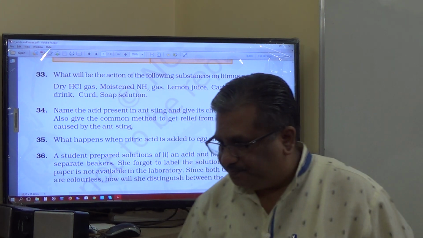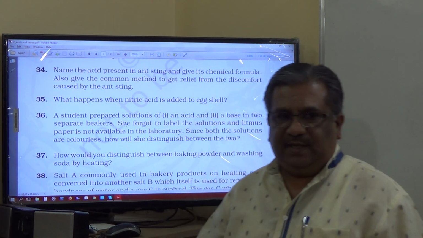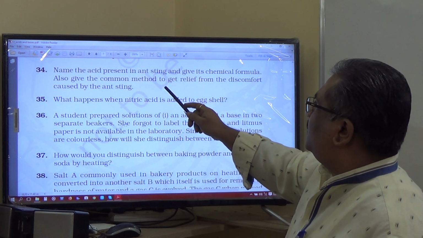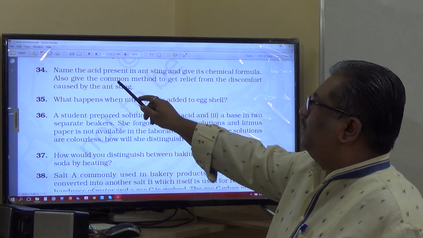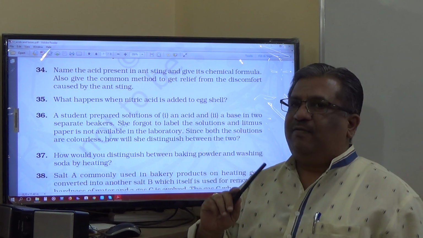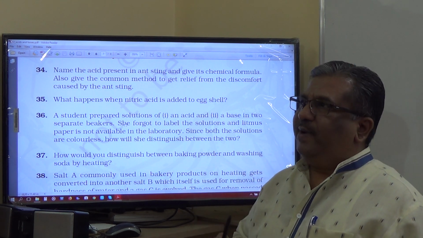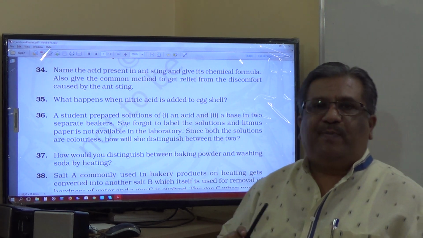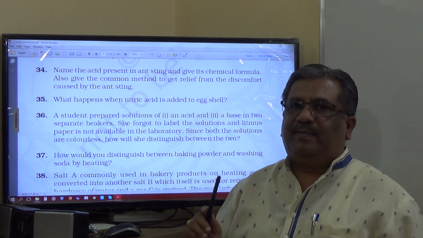Next, name the acid present in an ant sting and give its chemical formula. The acid present in the ant sting is formic acid, which is also called methanoic acid. Formic acid is a common name and methanoic acid is the IUPAC name, International Union of Pure and Applied Chemistry.